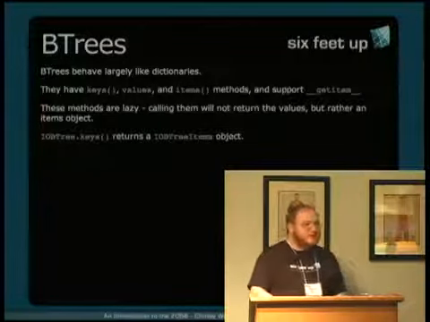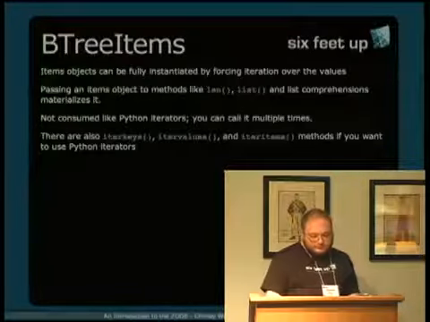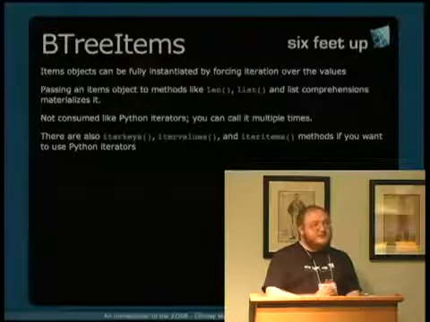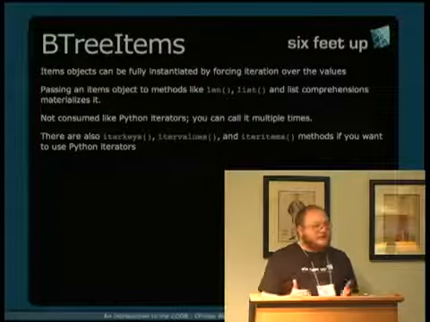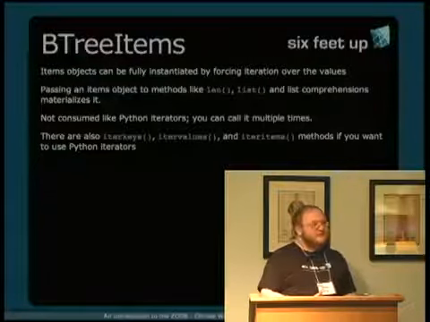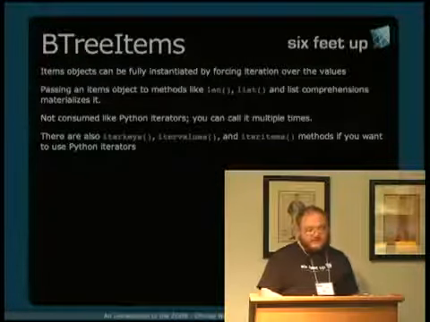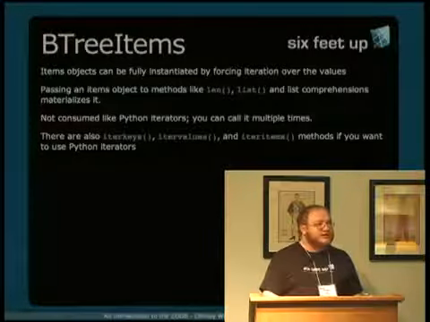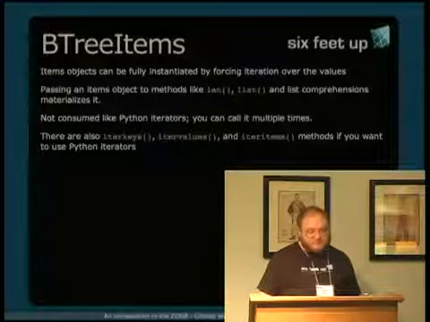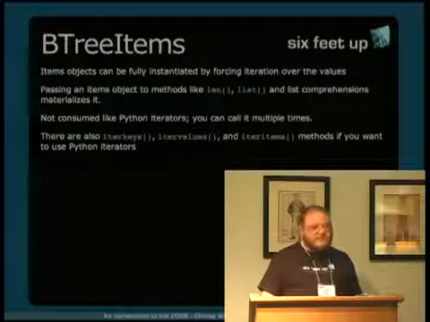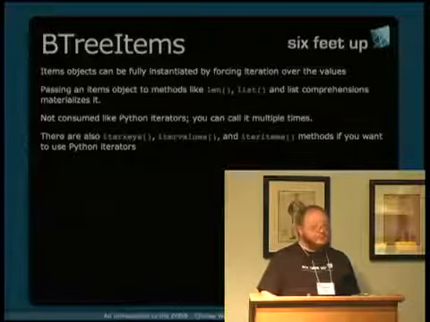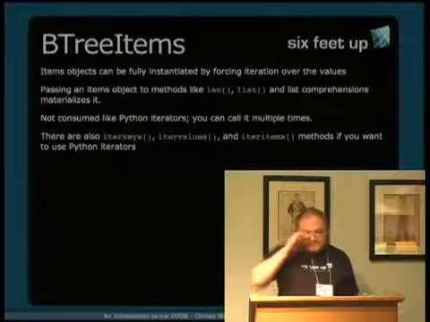That object will not give you your values until you fully instantiate it, or until you force iteration over the entire list. So if you pass that object to something like len or list, or use it in a list comprehension, then you'll iterate over everything and you'll actually get each of the items. So it could be the keys, the items, or the items tuples, and the values.